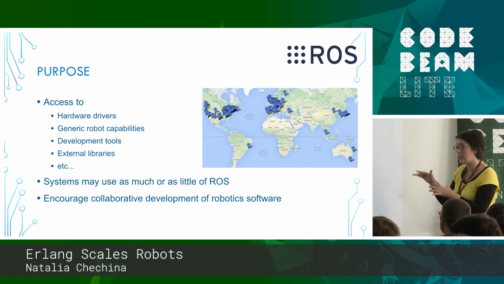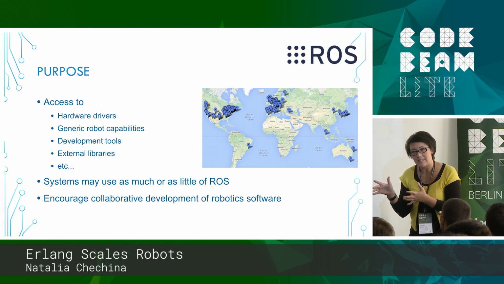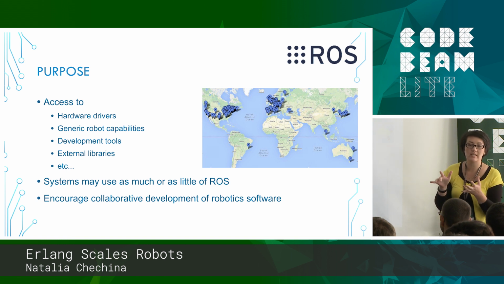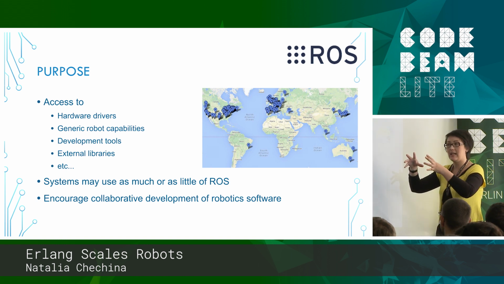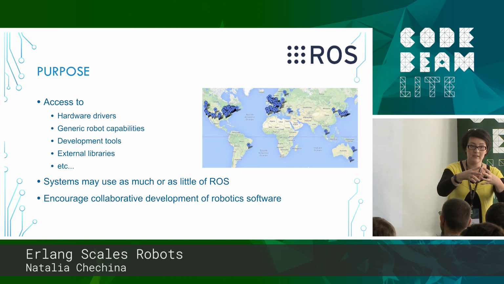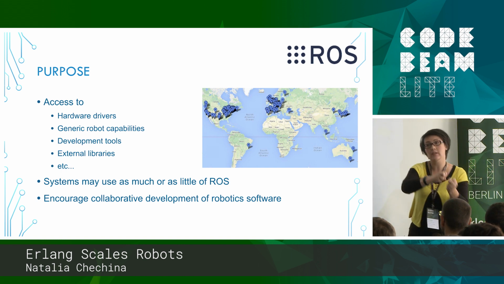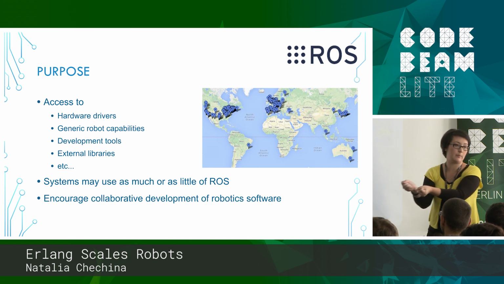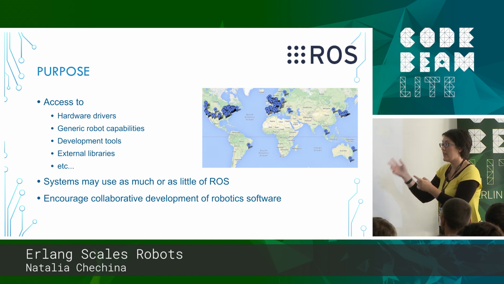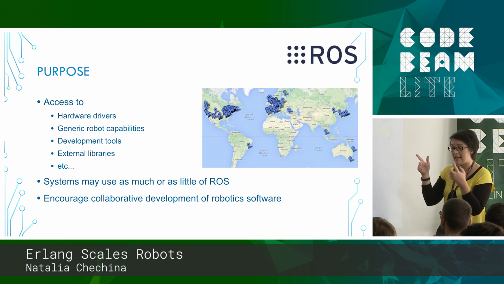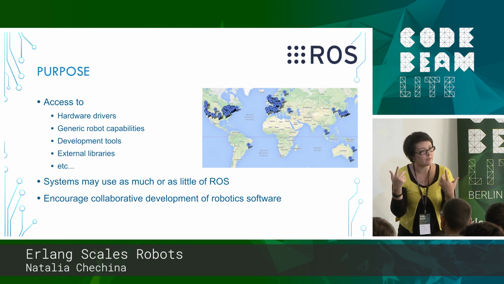It's not particularly popular in industry, but what they do is that they take ROS and try ideas there, and then they bring those ideas into their proprietary software. The reason for that is that ROS has quite a number of really interesting philosophies.